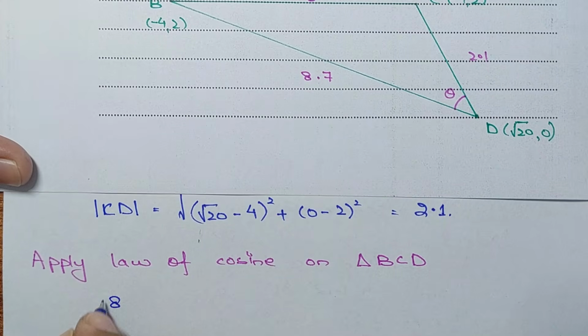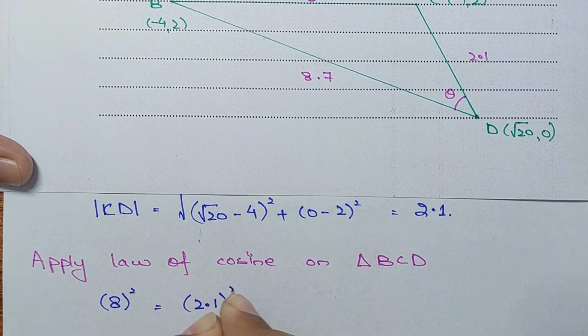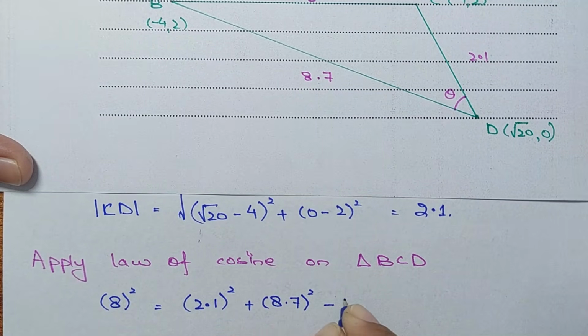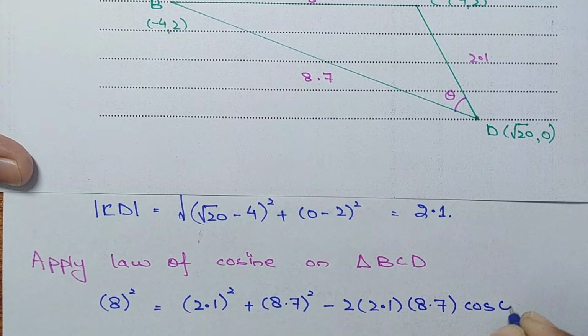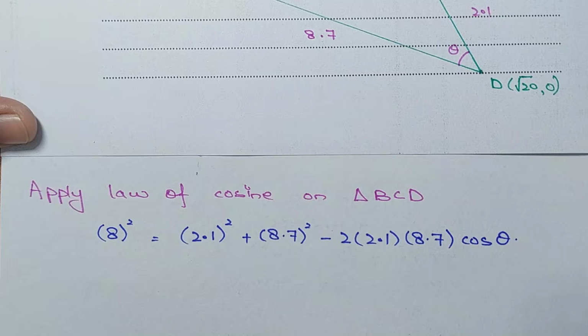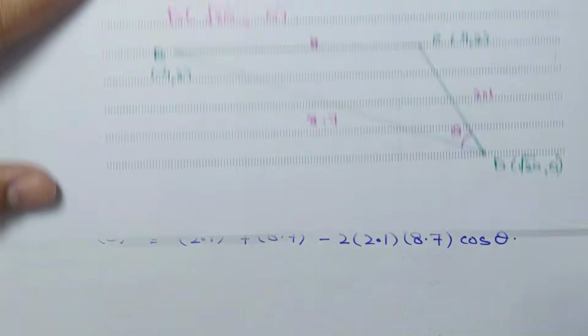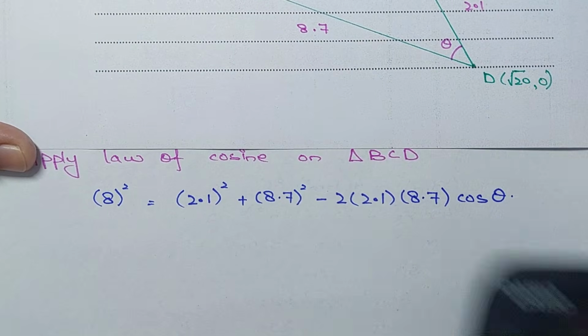So the opposite side of the angle, its square, equals the rest of the two sides, 2.1 square plus 8.7 square, minus 2 into 2.1 into 8.7 into cos theta, and theta should be in degrees, right? Okay, so simplify.